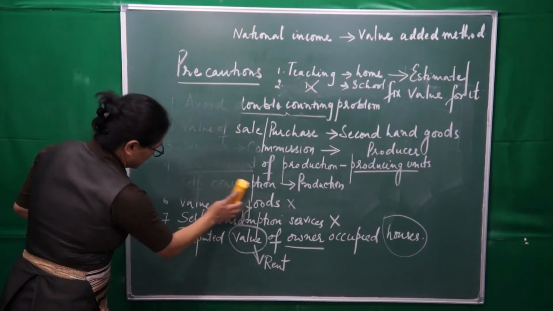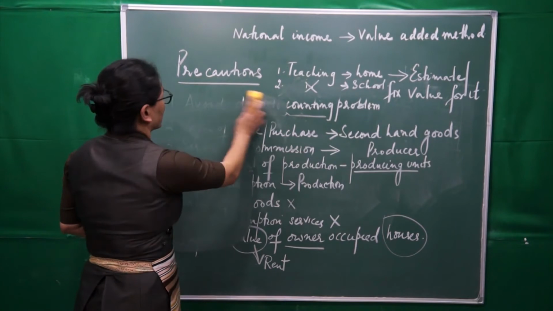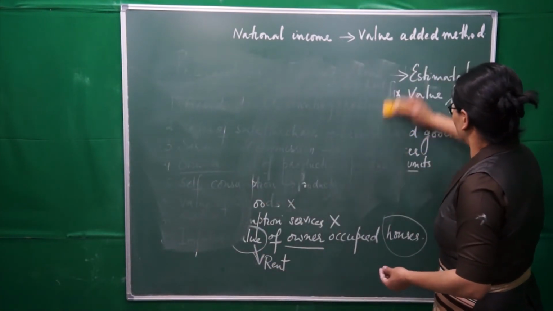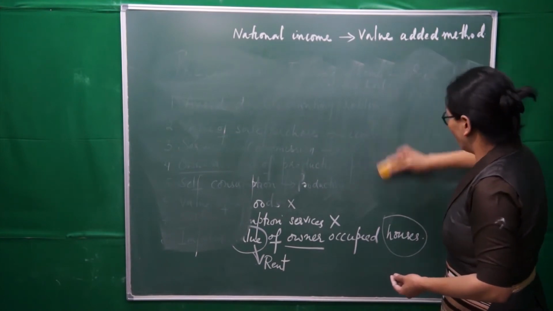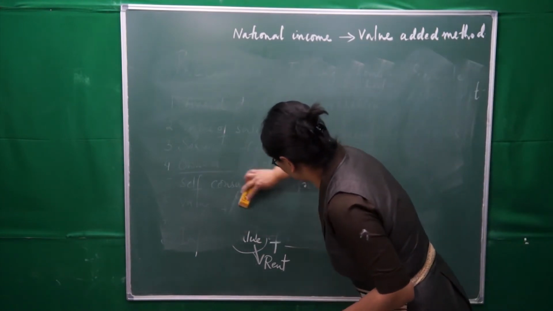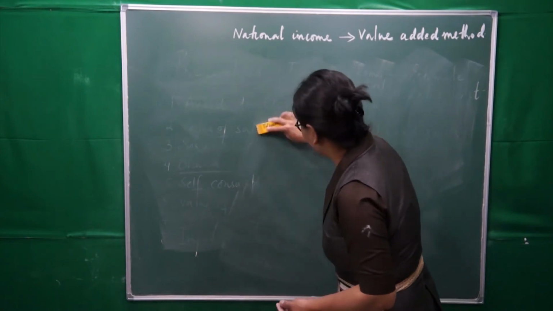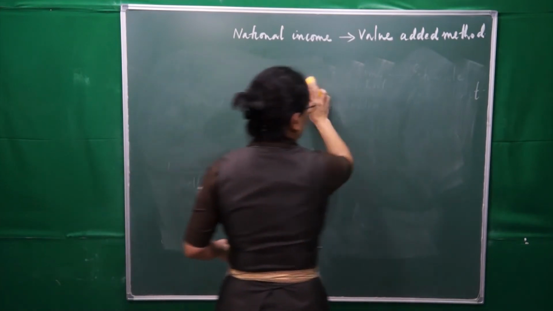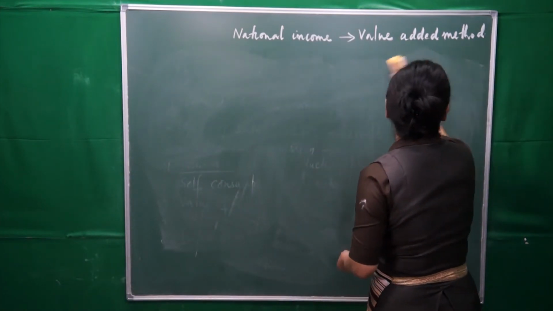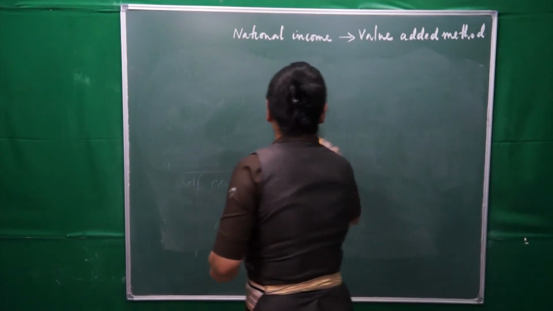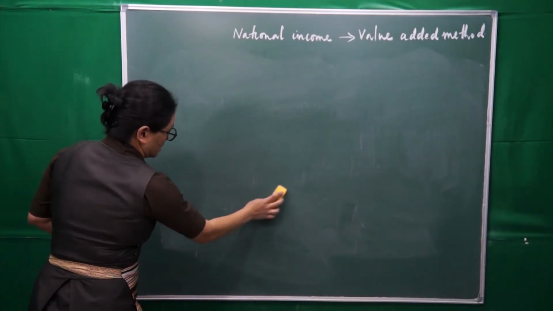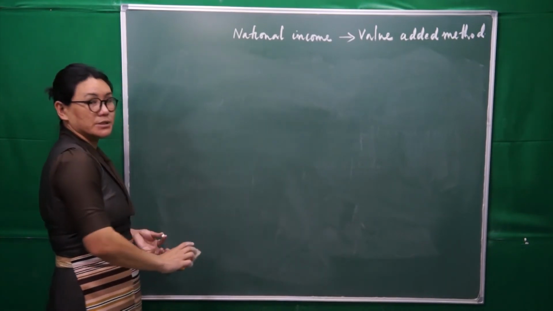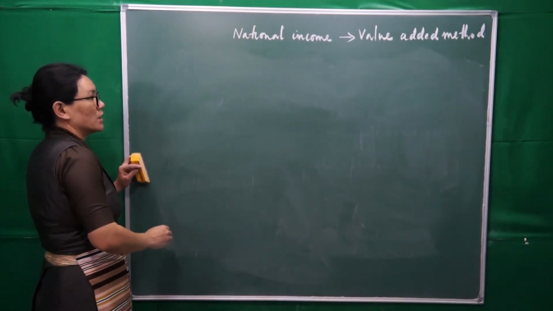Now, what I will do here is recapitulate the formula for value added method, and then as an example I will show you how to solve the problems given in value added method. Is that clear?